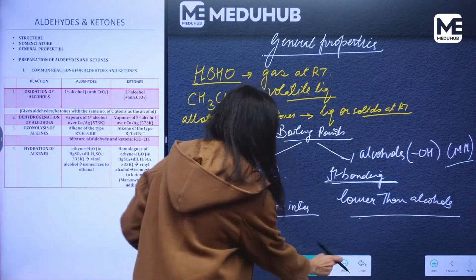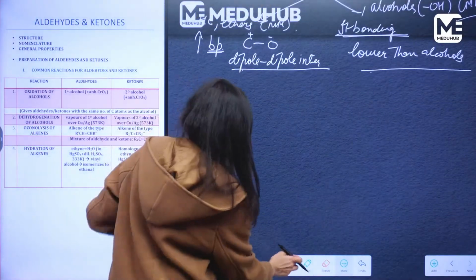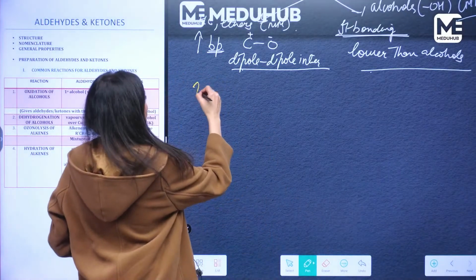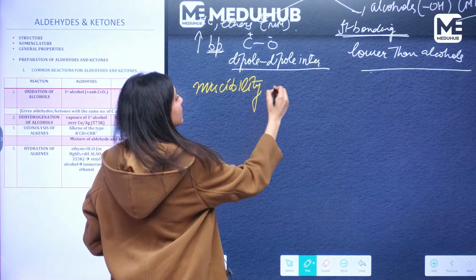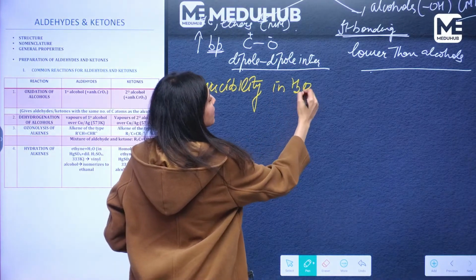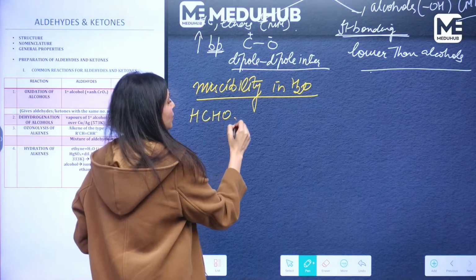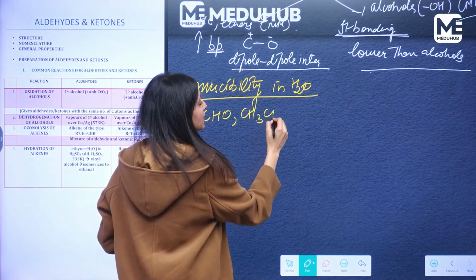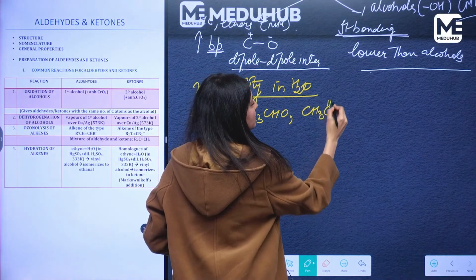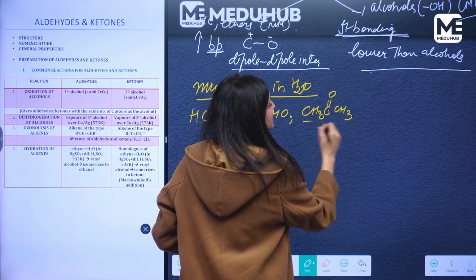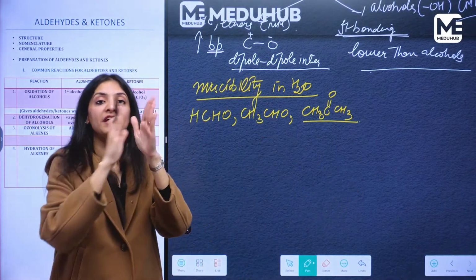If we talk about the miscibility in water, lower aldehydes like HCHO or CH3CHO or acetone, CH3COCH3, which is the simplest ketone there is, because a ketone has a carbonyl group flanked by carbon.